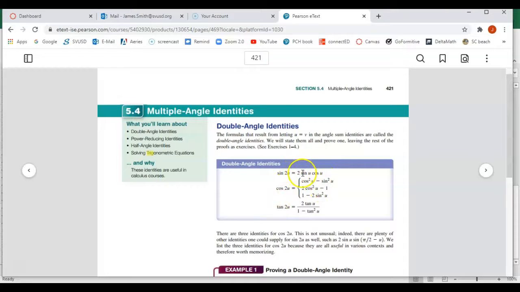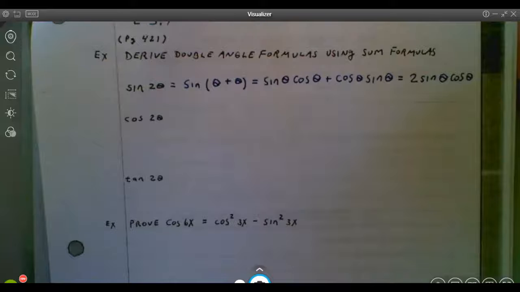So here's the one that we just came up with, the 2 sine cosine value. When you do the cosine of a double angle formula, there's actually 3 different ways you could write this, and I'll show you how you could get those. And then same thing with tangent. So these are the formulas. If you refer to page 421, you'll have your list of double angle formulas right there in front of you. Let me at least show you one more here.